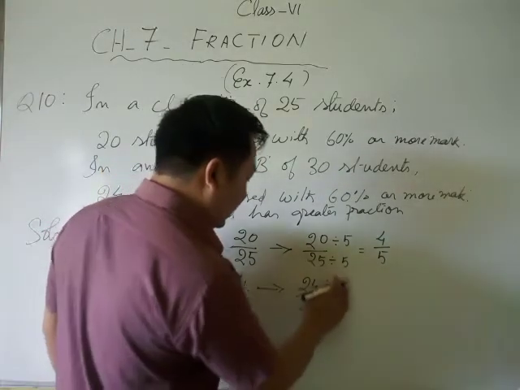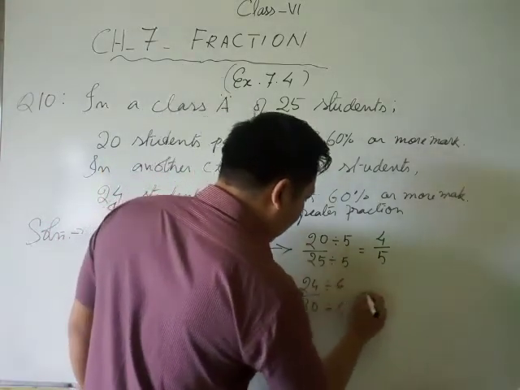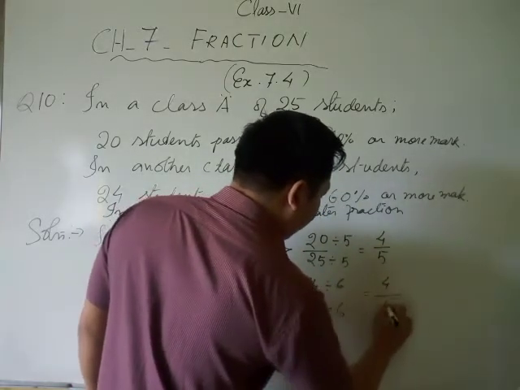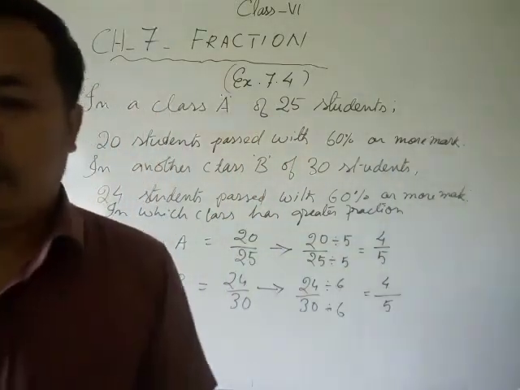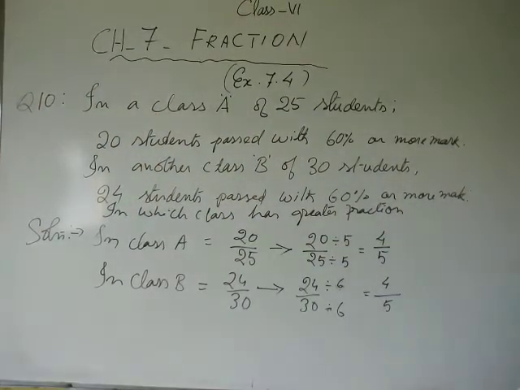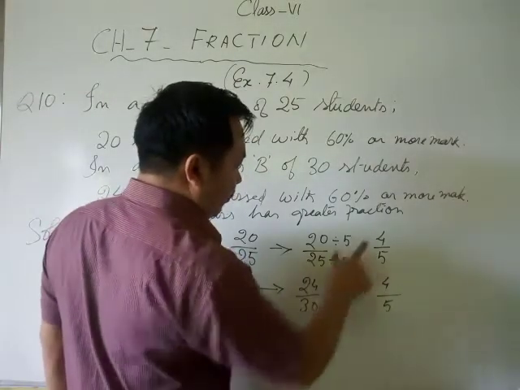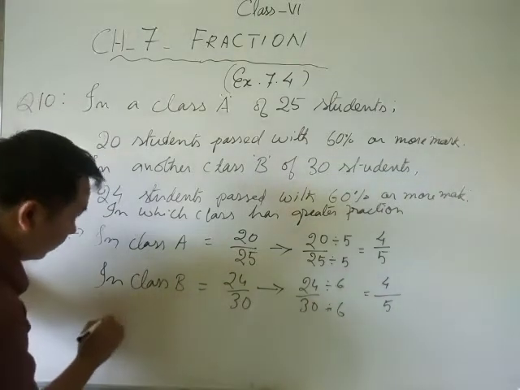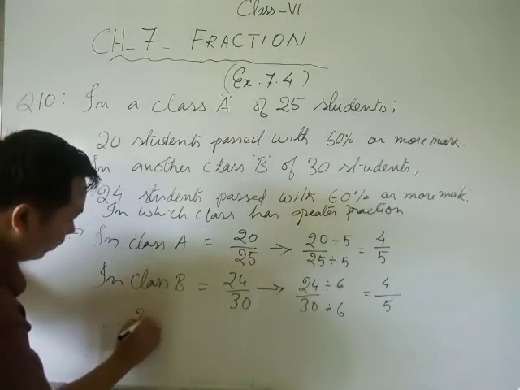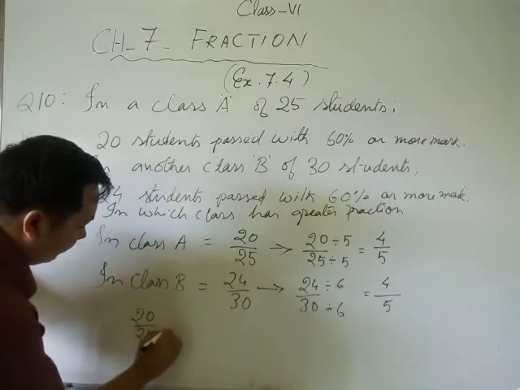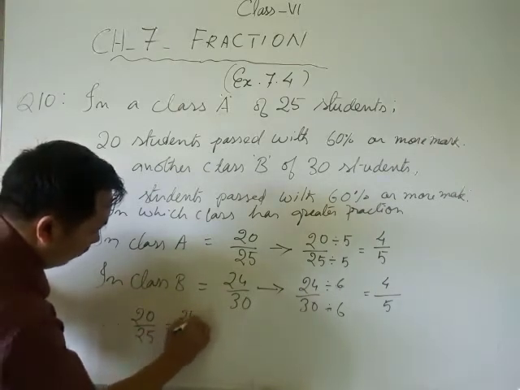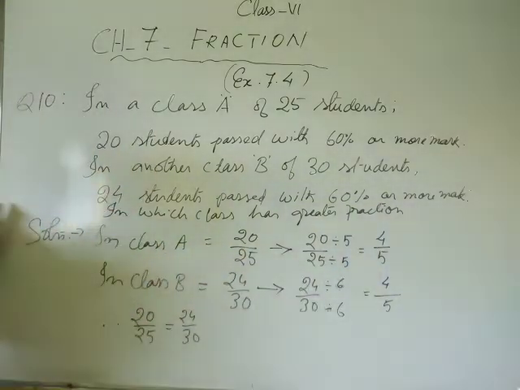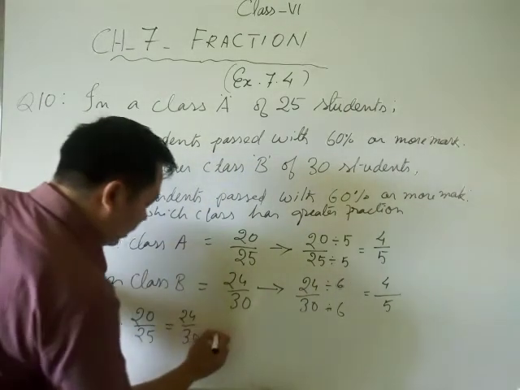Their HCF will be 6. That means 6 4s are 24 and 6 5s are 30. So when we convert into the lowest form, both are equal. Therefore 20 by 25 is equal to 24 by 30, because the lowest forms are equal. The lowest forms are equal, so these two are equal.